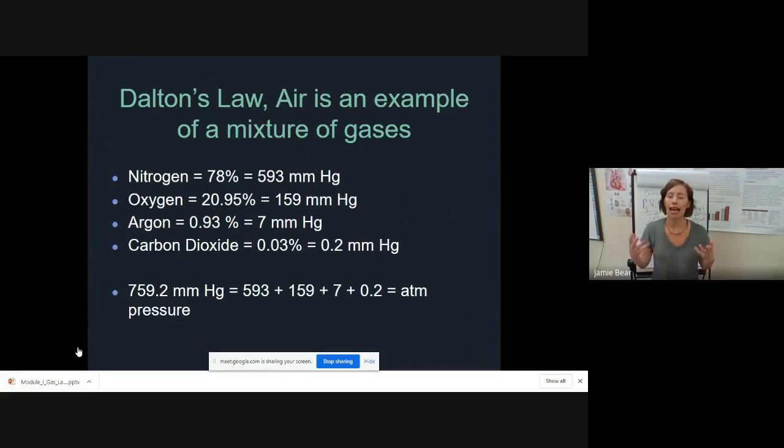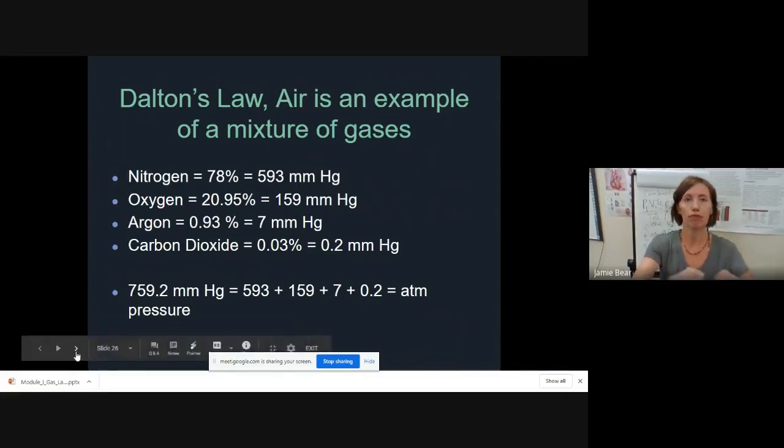And we already said that atmospheric pressure is 760 millimeters of mercury. Well, that's mostly made up of nitrogen. So if you look at 78% of 760, that's where you're going to get that 593, or 21% of that 760, that's where you're going to get that oxygen pressure of 159 millimeters of mercury.